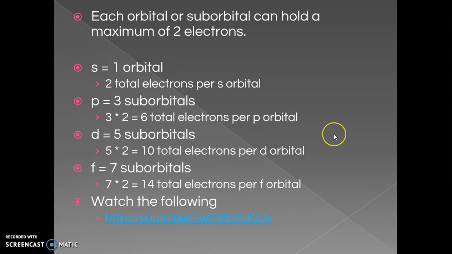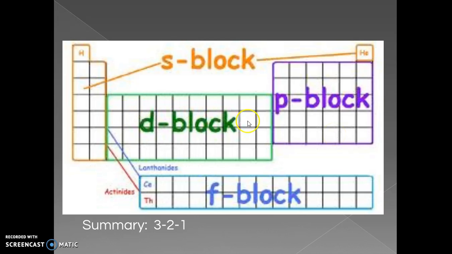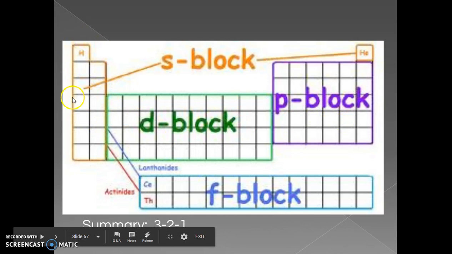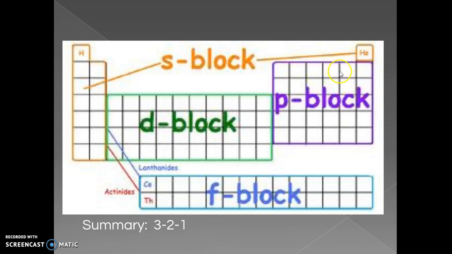So we're going to watch the video clip in class. We're going to label this on our periodic table, because again, how does this relate to atoms and being able to tell where electrons are and predict where electrons are located on an atom? We are going to label the s block, the d block, the p block, and the f block in class, and you'll see that an s can hold 2 electrons, and there's 2 there. A p can hold 6 electrons, and there's 1, 2, 3, 4, 5, 6.